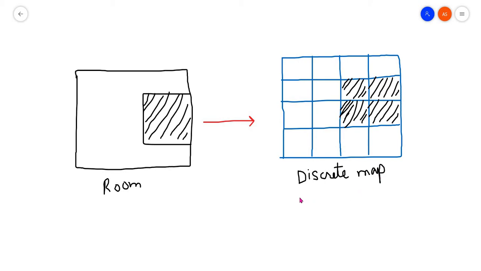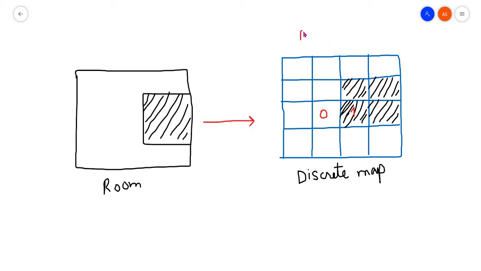So yeah, this is again a 2D map. It's discrete. This is the occupied space, and it is represented by 1, and the others are all free spaces, and they are represented by 0. They're also called binary maps.